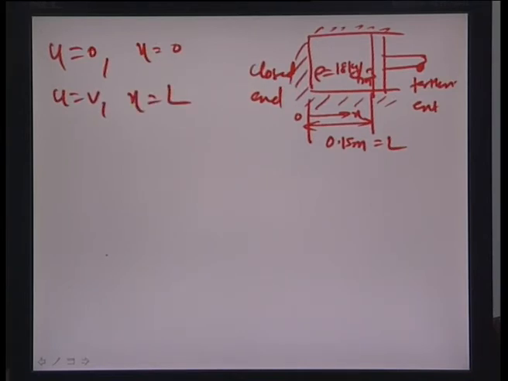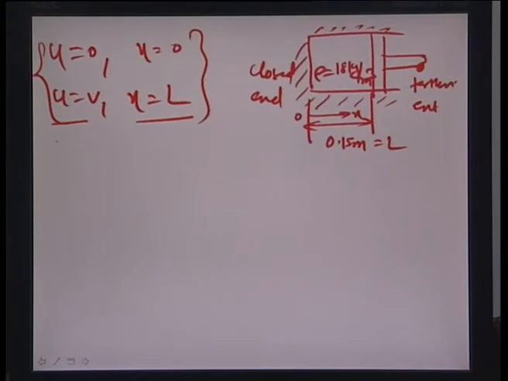As given here, the gas motion is one dimensional and proportional to the distance from the closed end. It varies linearly from 0 to v, because it is a linear variation.